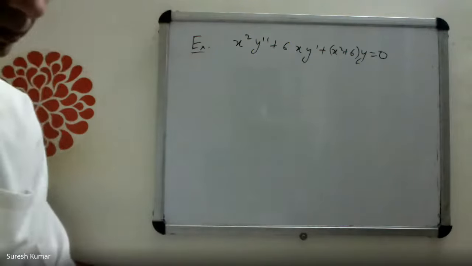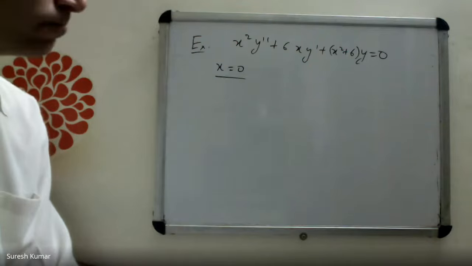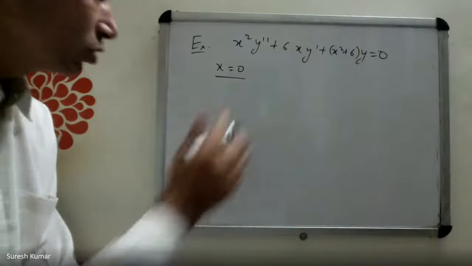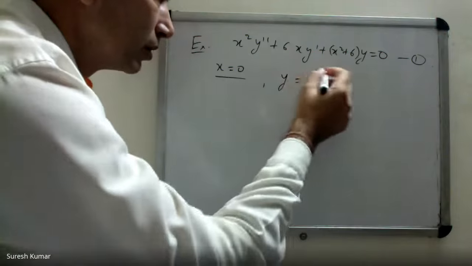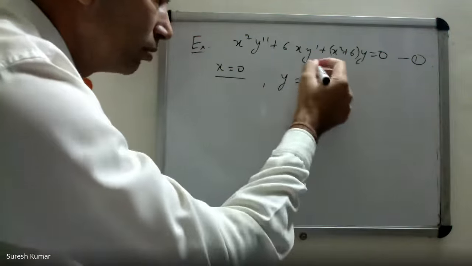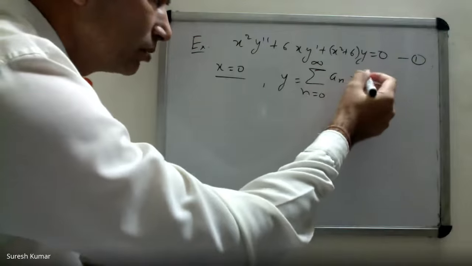Is it a regular singular point? Yes, sir. So assume a series solution of the type, again a Frobenius series solution, sum from 0 to infinity of a_n times x power n plus r.